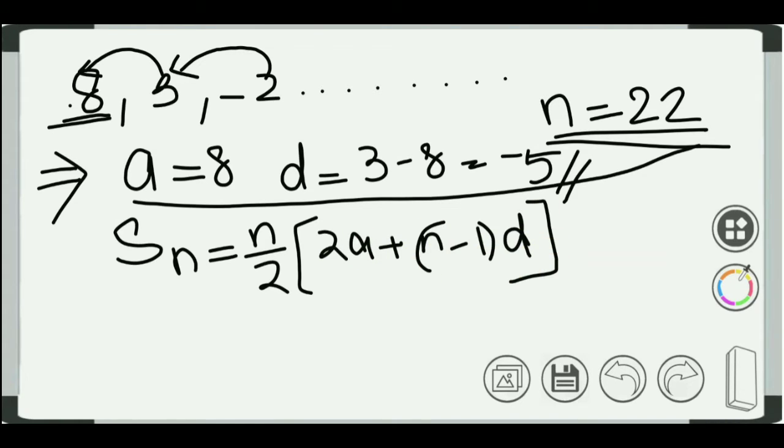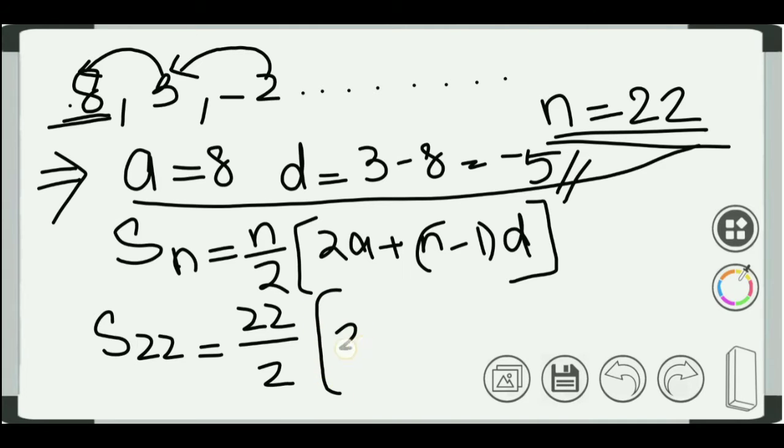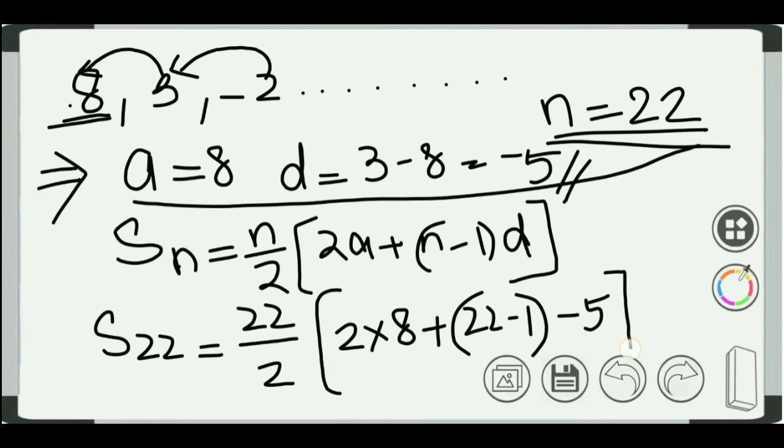So I am substituting the values. n is equal to 22. So I am writing S22 is equal to 22 divided by 2 into 2 into a, which is 8, plus n, which is 22, 22 minus 1, into d, which is given as minus 5. So you need to solve this one.